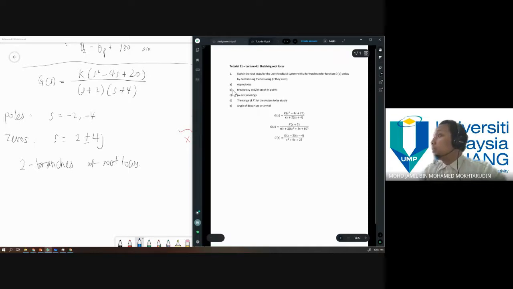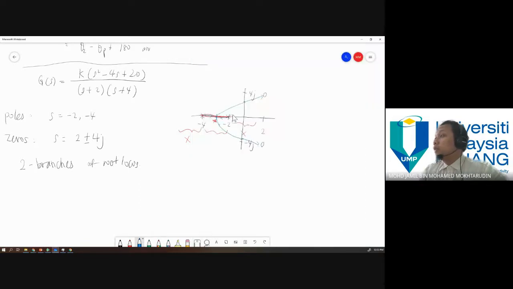So we go to question B, breakaway and breaking points. Here we only have breakaway points; we don't have breaking points.